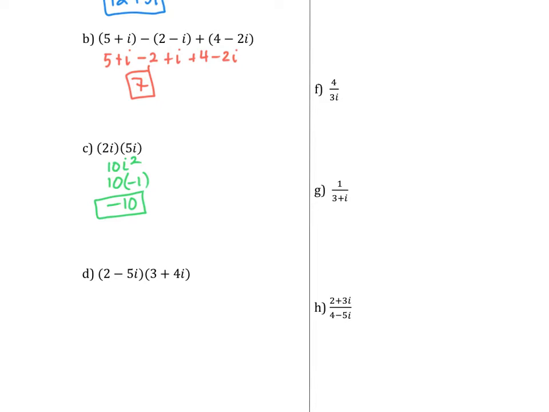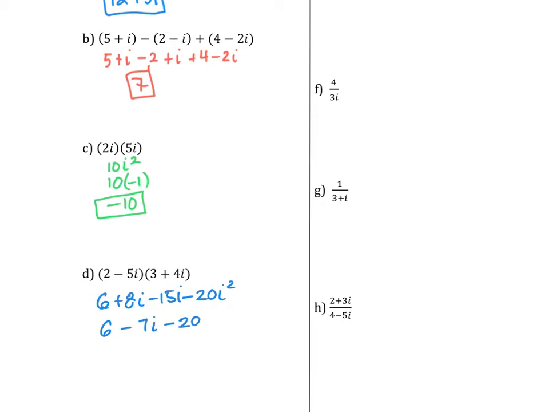Okay, D, I'm going to multiply 2 minus 5i times 3 plus 4i, and I'm going to distribute it out in whichever manner is most comfortable for you. I have 6 plus 8i minus 15i minus 20i to the second power. I'm going to simplify this, so 6 minus 7i minus 20i squared.